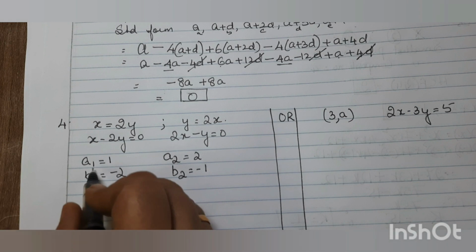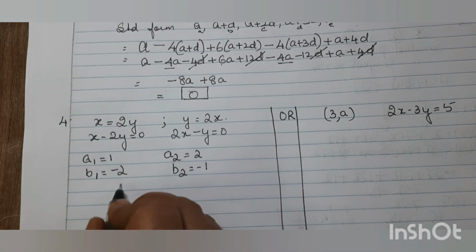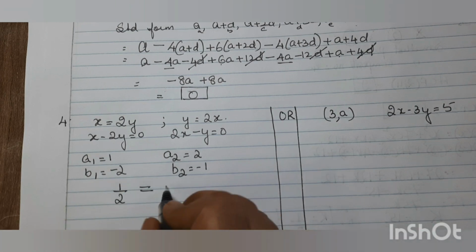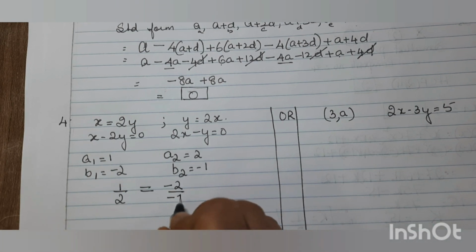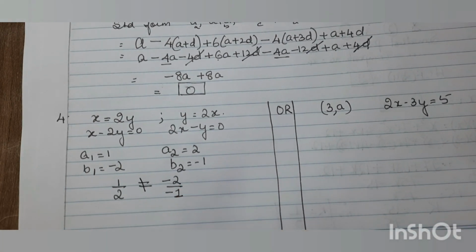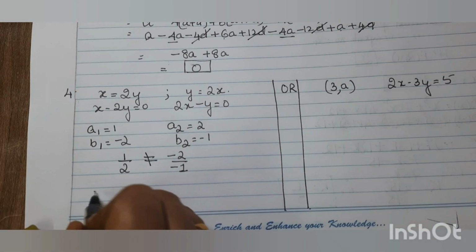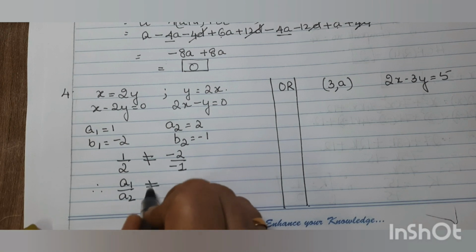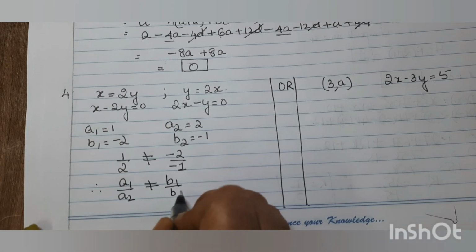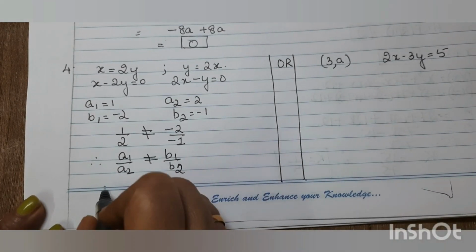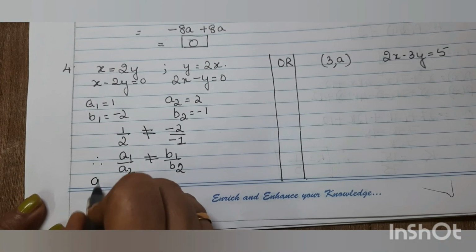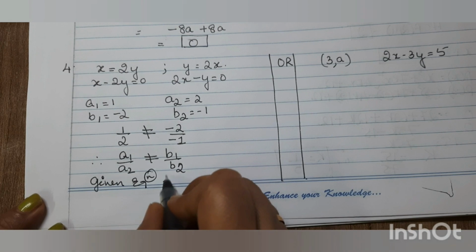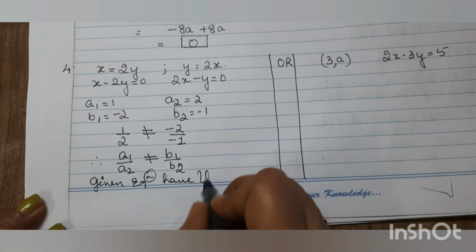Let us check a1 by a2, that is 1 by 2, and b1 by b2, minus 2 by minus 1. When we check, it is not equal, so a1 by a2 is not equal to b1 by b2. Now you know what the condition is: the given equations have a unique solution.